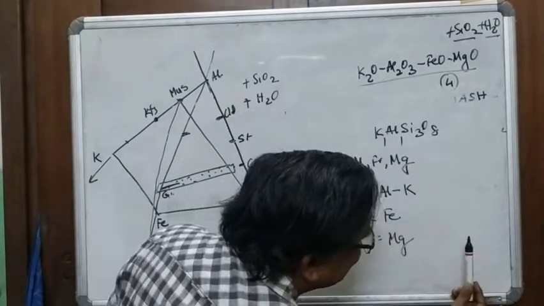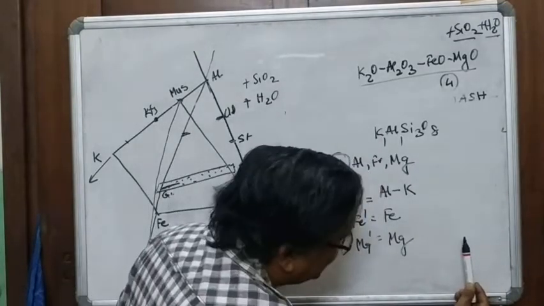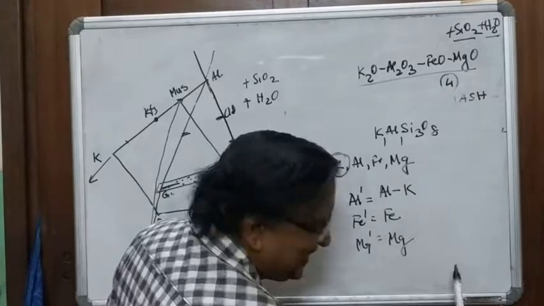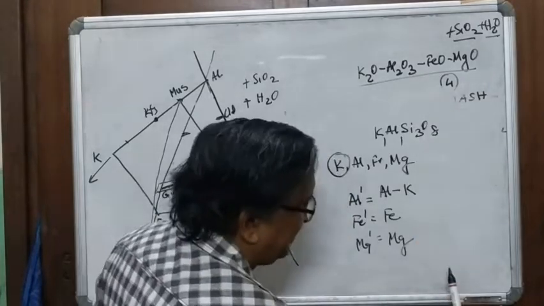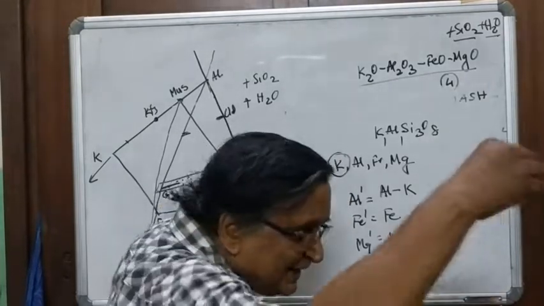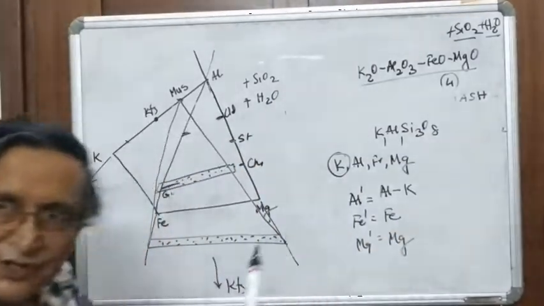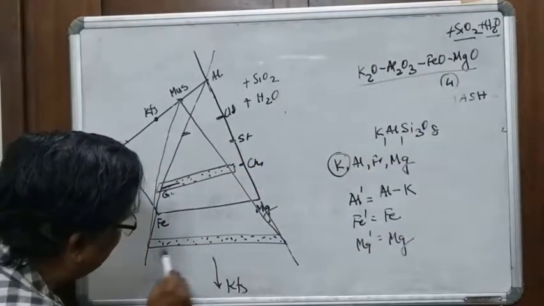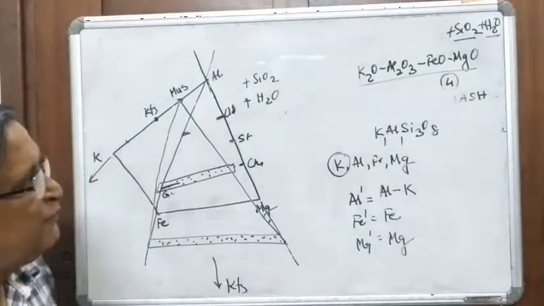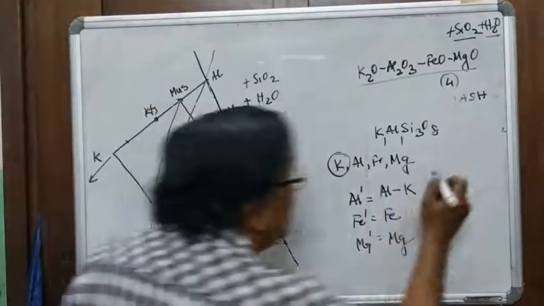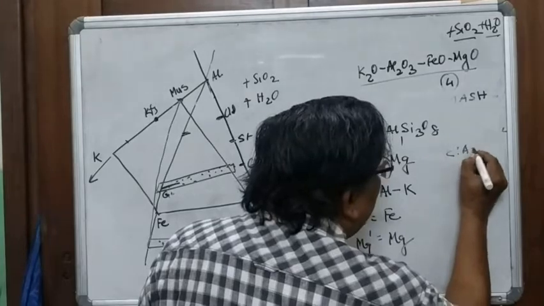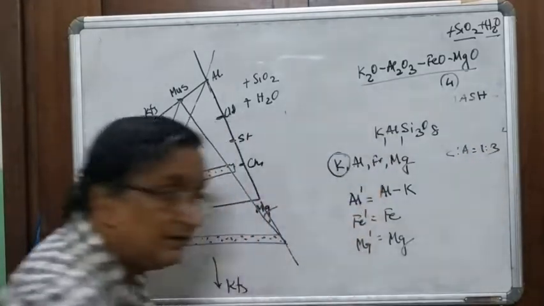So it depends on the source. You see, here if I take the pen, depending on the source of light, it will change the position. So the biotite position that I have drawn was for muscovite, for which K to Al was 1:3.